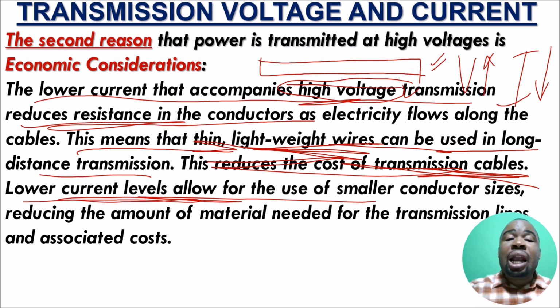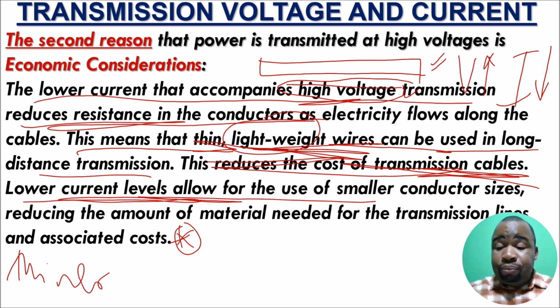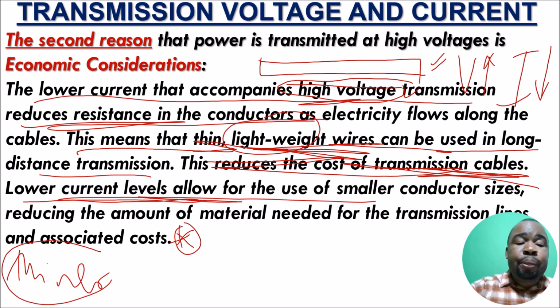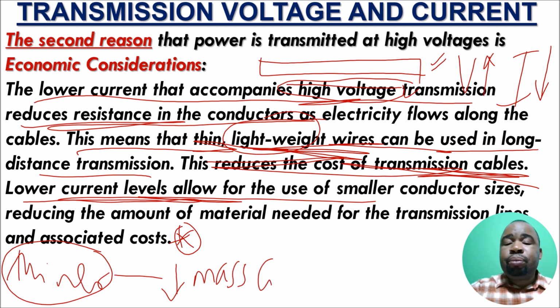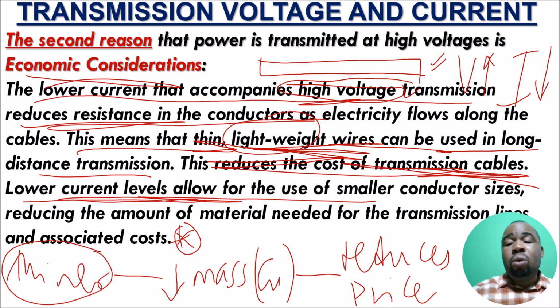If the cables are lightweight, it means the center of mass is not very high, which makes the national grid a bit stable. But I want to dwell on the cost of electricity. Thinner cables can handle a smaller current. So the less current which accompanies a high voltage allows for the use of a thinner cable, which reduces the mass of copper used, which in turn reduces the price. So that becomes economical considerations.